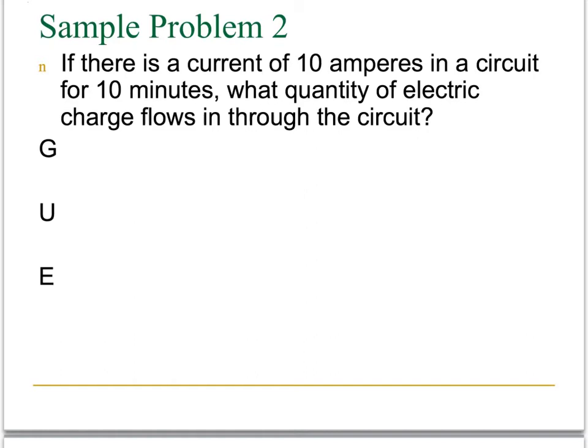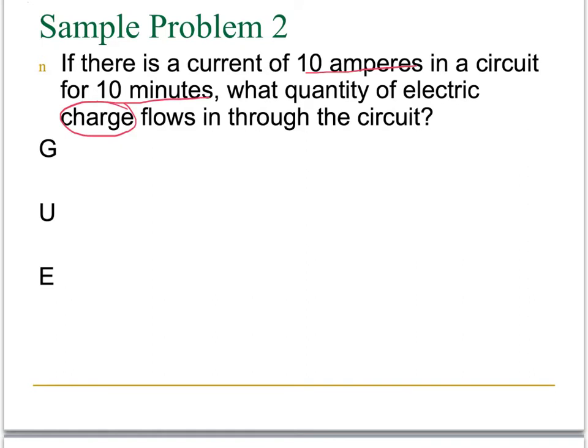On to sample problem number 2. This problem says if there is a current of 10 amperes in a circuit for 10 minutes, what quantity of electric charge flows through the circuit? Okay.